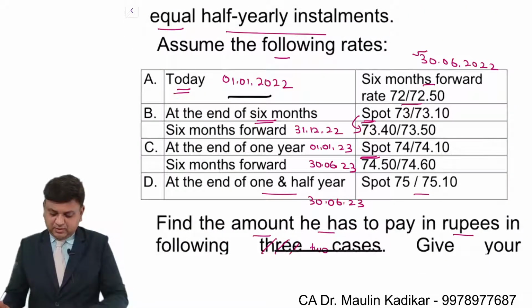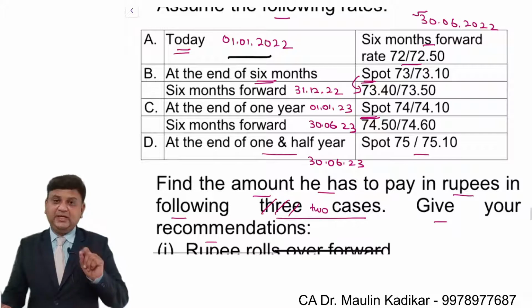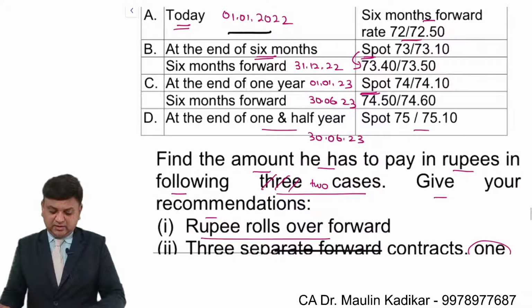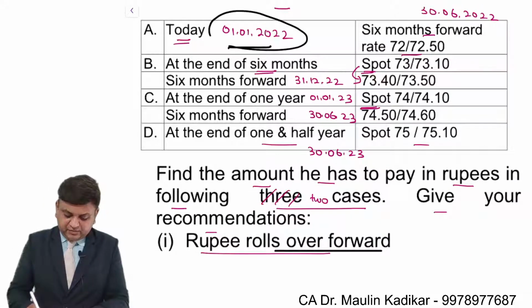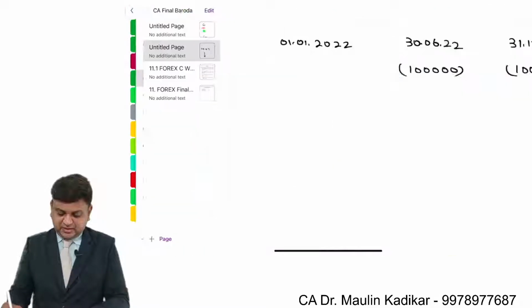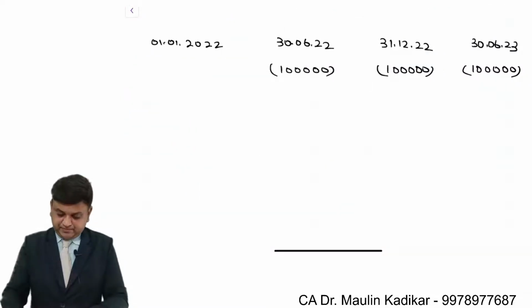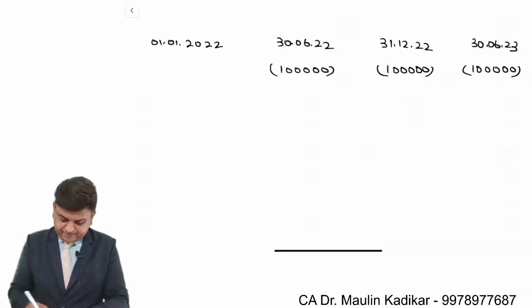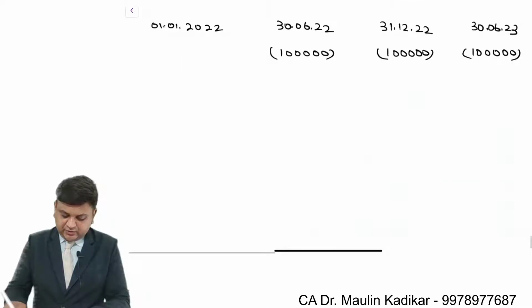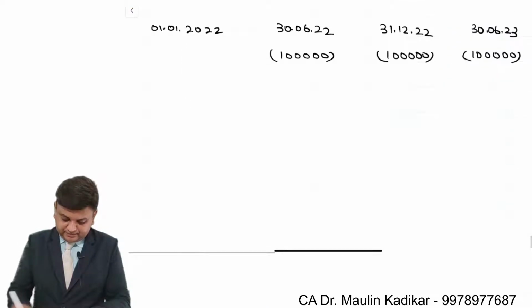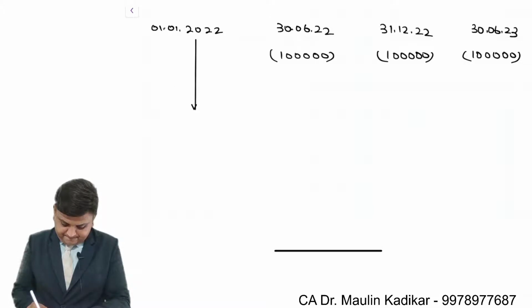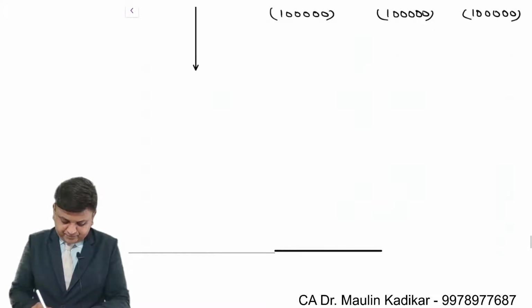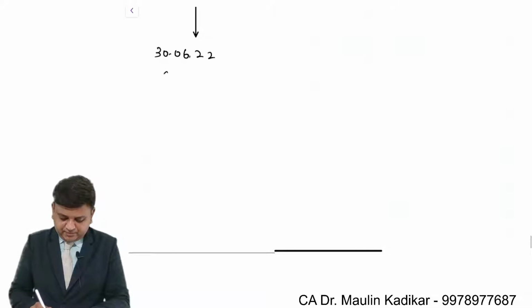So what we can do, listen to me carefully. In case of the rupee rollover forward contract, today we will enter into a forward contract for 30th of June 2022.